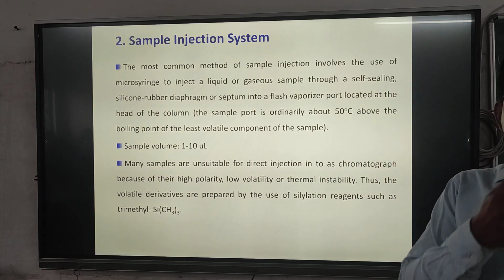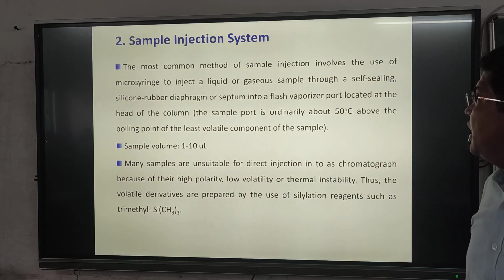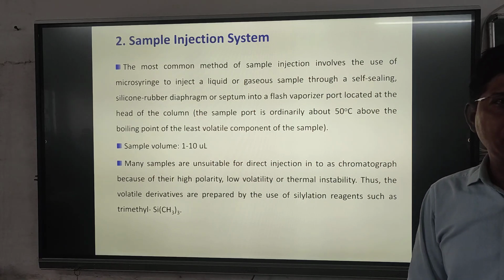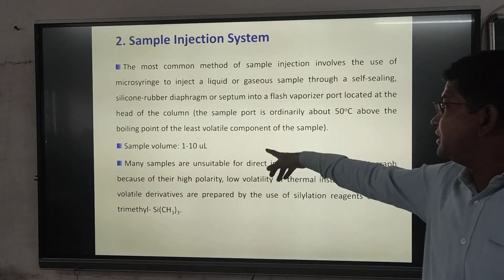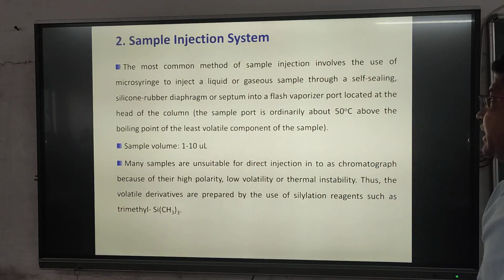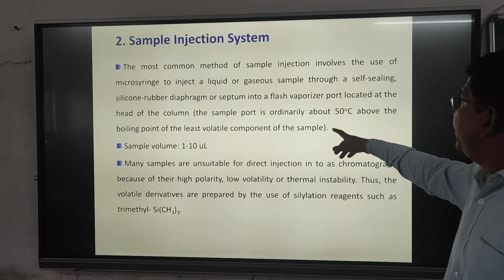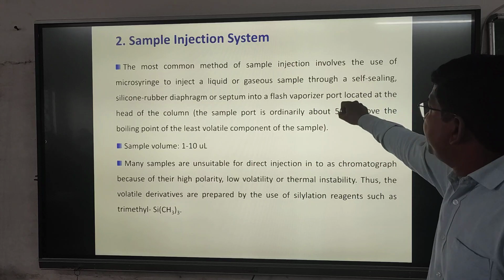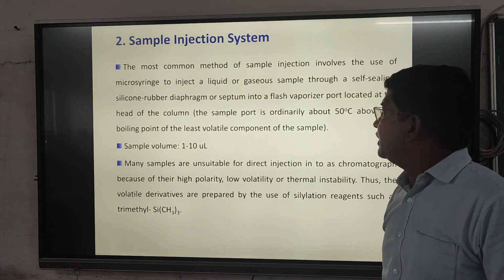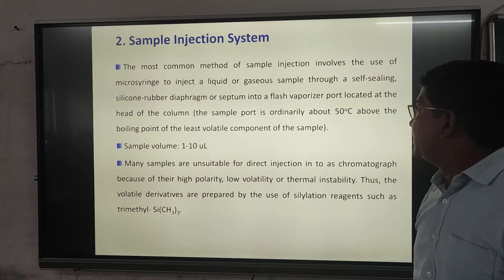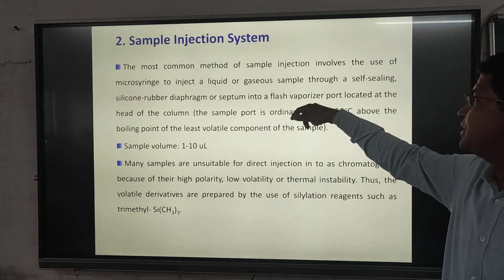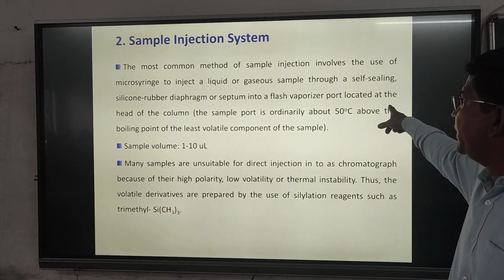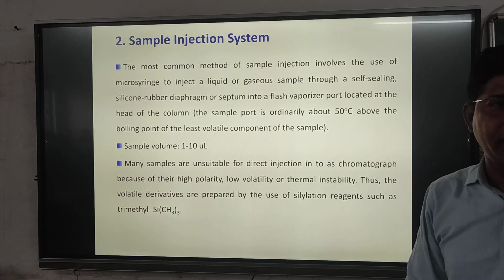Then another one is the sample injection system. The most common method involves the use of a micro syringe, in the range of 1 to 10 microliter. The sample injection system consists of a micro syringe and a silicone rubber diaphragm, the septum, in which we inject our sample, and that has the property of self-sealing.